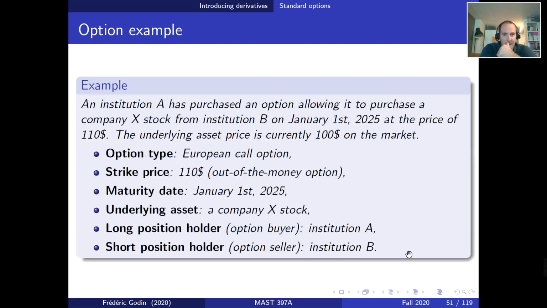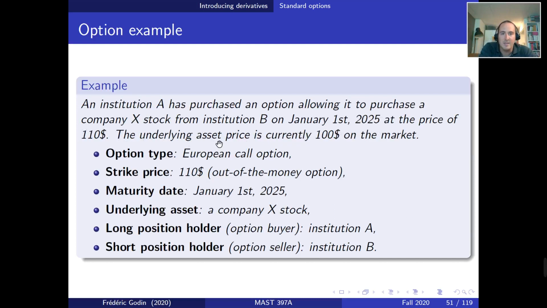So let's give some example. Assume that we have some institution A which has purchased an option. So institution A is the option buyer, which allows it to purchase the stock from a company X. The company X stock would be the underlying asset from institution B on January 1st, 2025 at the price of $110.